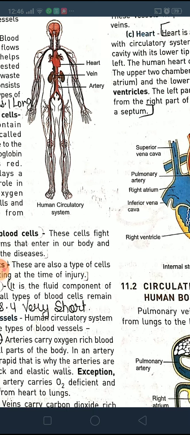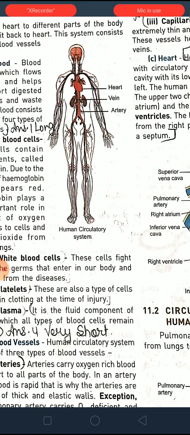In this diagram you can easily see the human circulatory system, and the main parts of the circulatory system are the heart, then veins and arteries. So one by one we will discuss that.